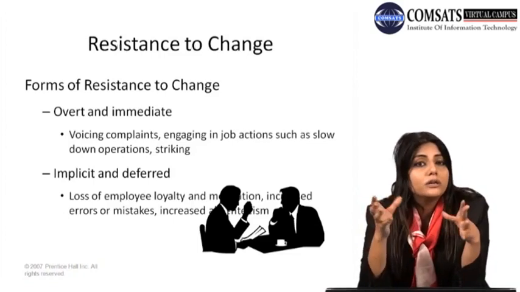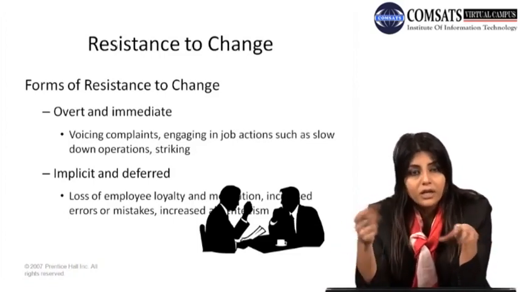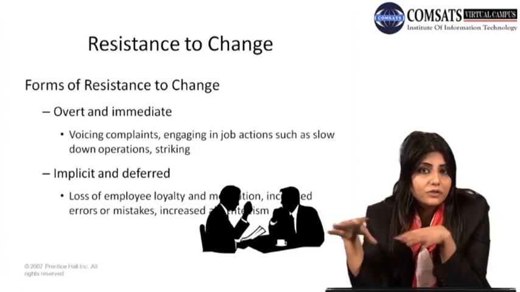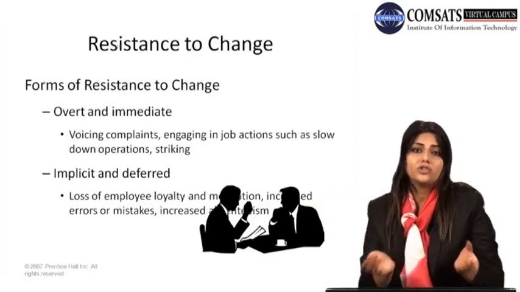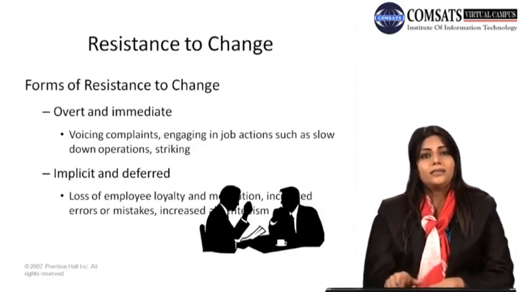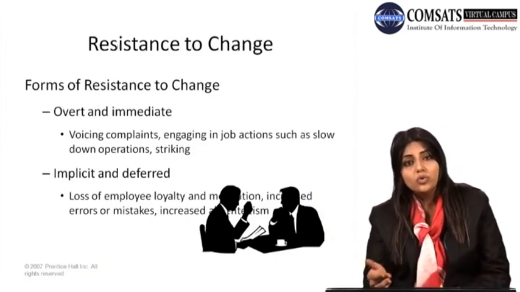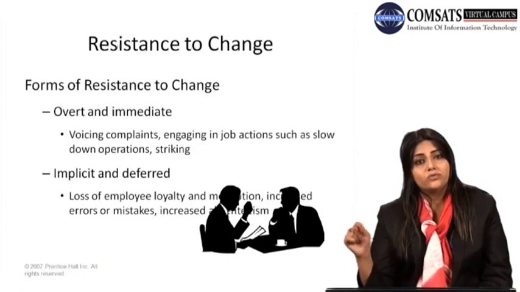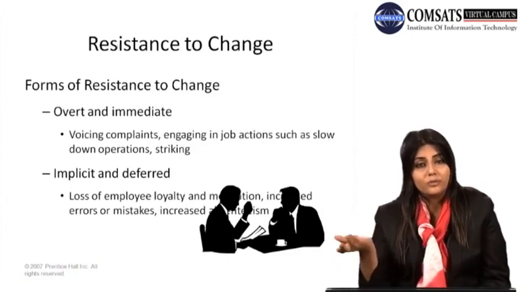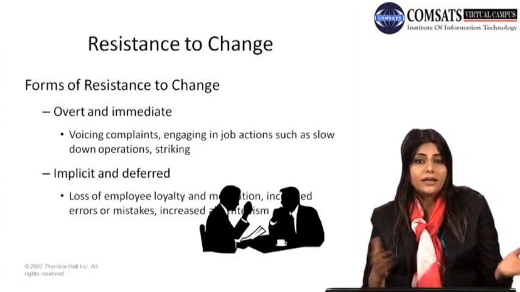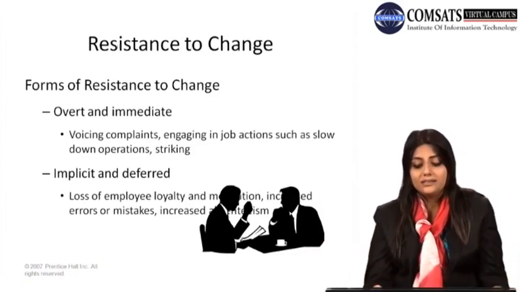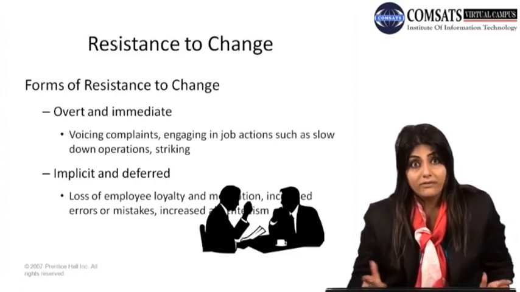They are not explicit and not short term, so they surface with the passage of time, and when they surface, it might be difficult even for the managers to realize that these responses are a reaction to the change initiative taken some time back, because the employees did not explicitly state that they are angry with this change or they don't like it.